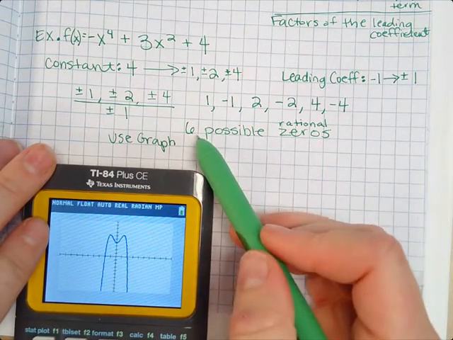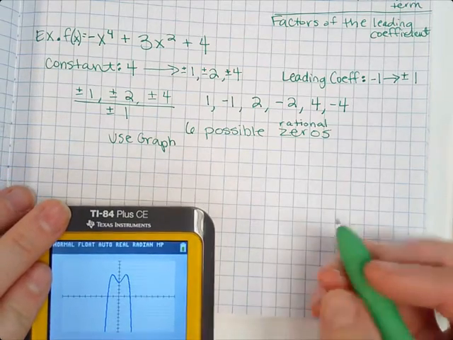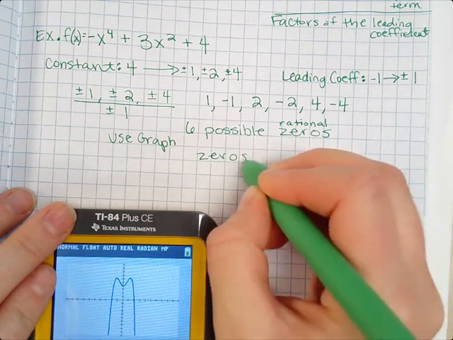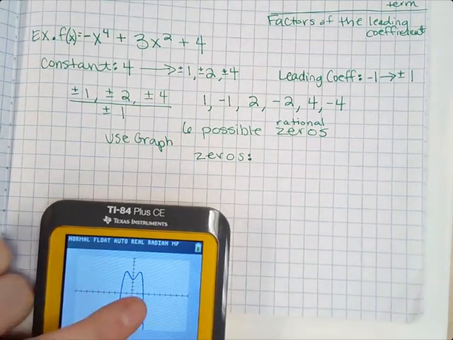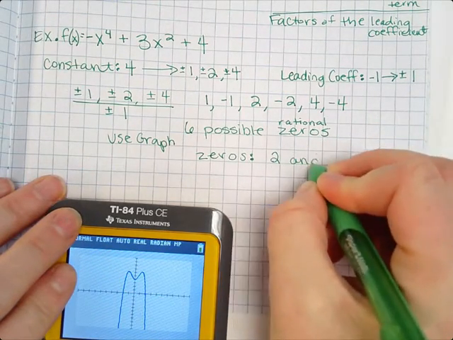So even though it has 6 possible zeros, how many actual zeros do we have? Yeah, we have 2, which would be positive 2 and negative 2. So 2 and negative 2.